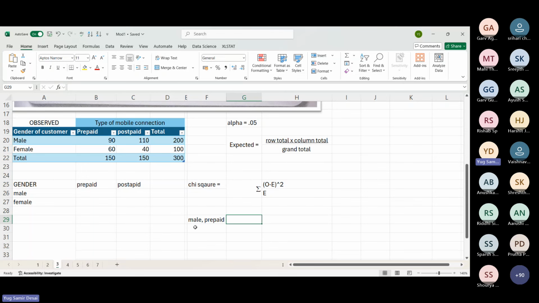Here in our rows, the total number of males are represented, and in the column, it's the type of plan and the customers involved in it are represented. So we'll multiply 200 with 150 and we'll divide it by 300 to get the expected customers with this criteria of ours.